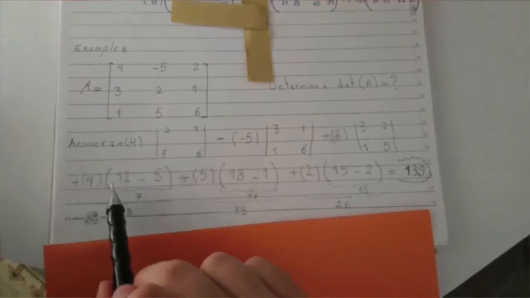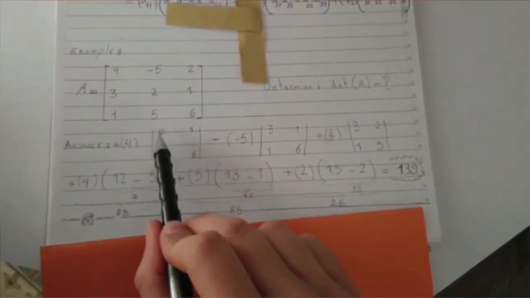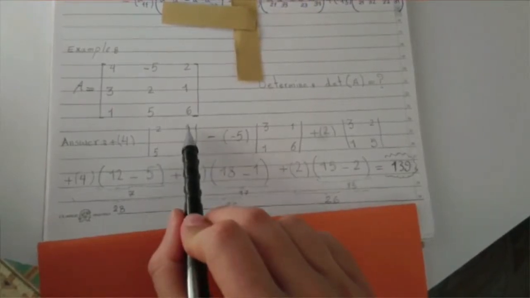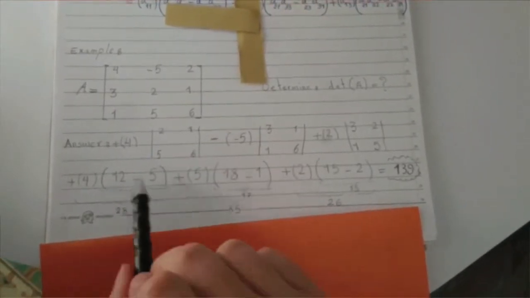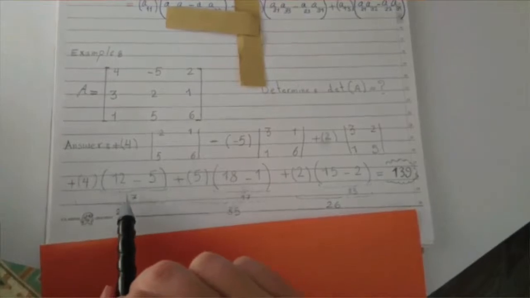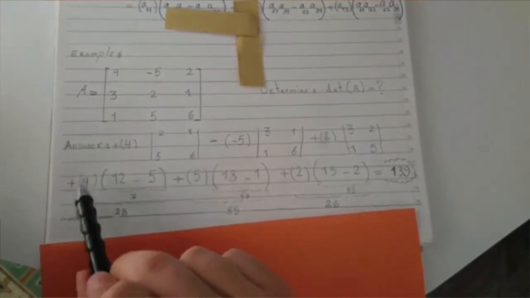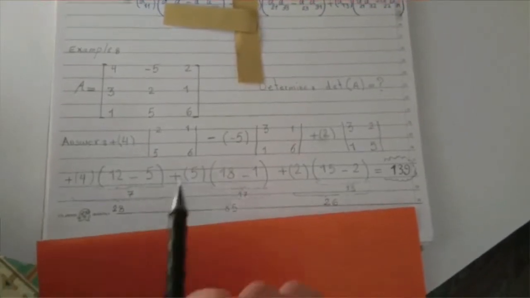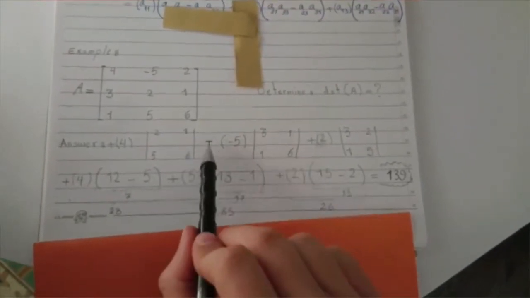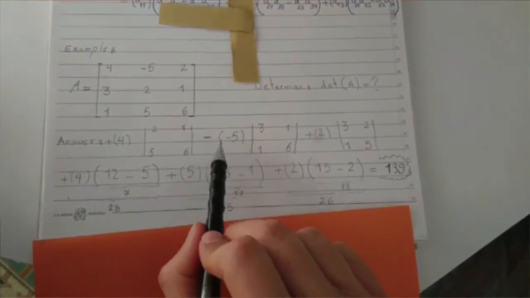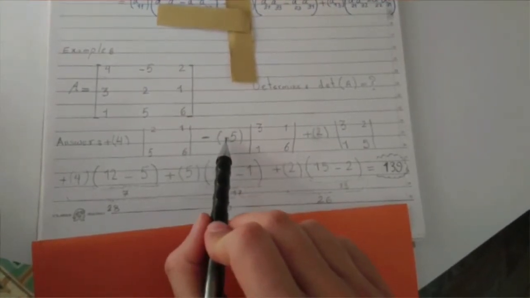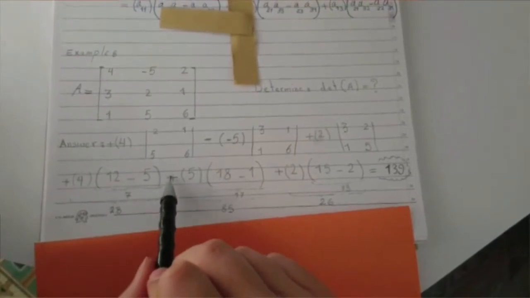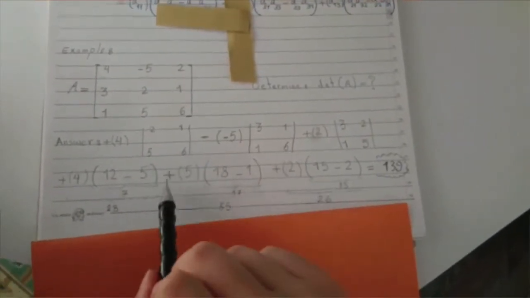Okay, 4 multiplied by 2 multiplied by 6 minus 1 multiplied by 5, which is equal to 7 multiplied by 4, we are left with 28. Here a negative multiplied by another negative is positive.